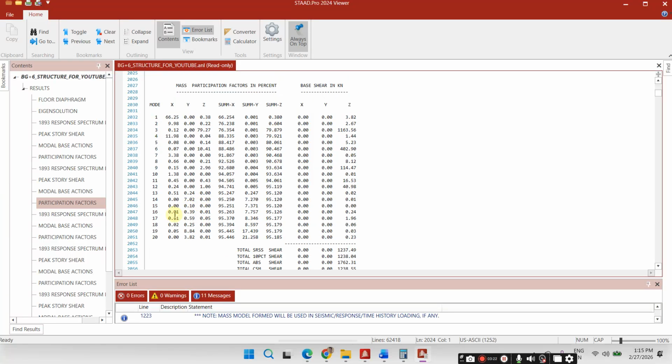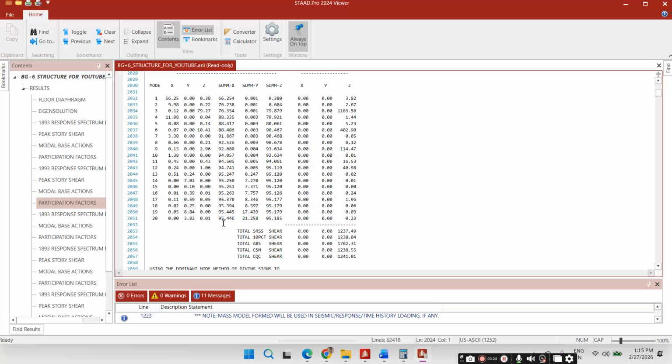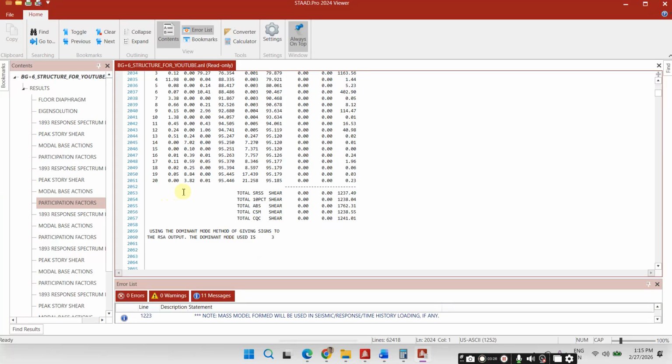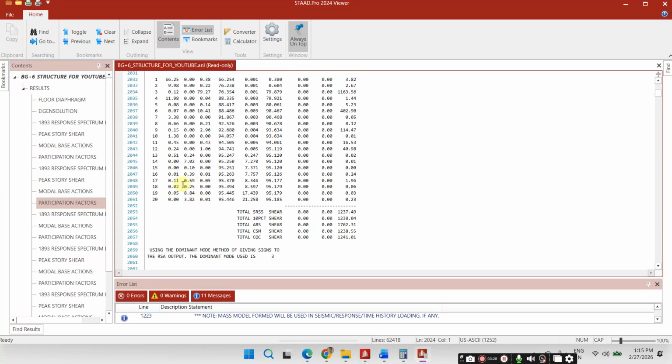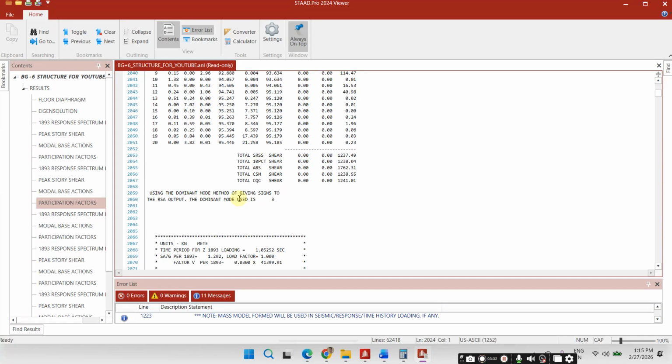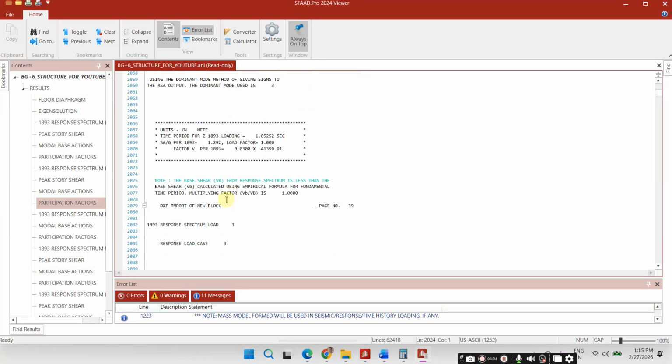So keep it in mind, it is very important, and we have to carefully check that position. And also you have to check the base shear. You can see along z direction the base shear in both cases, base shear in static and base shear for dynamic are equal, and that is why the ratio is 1.